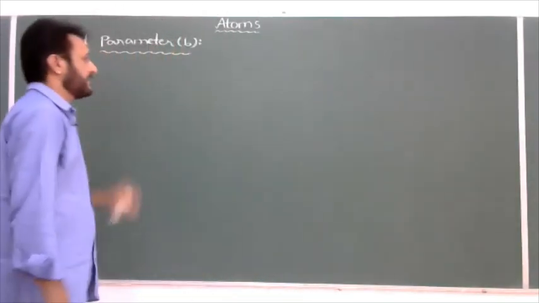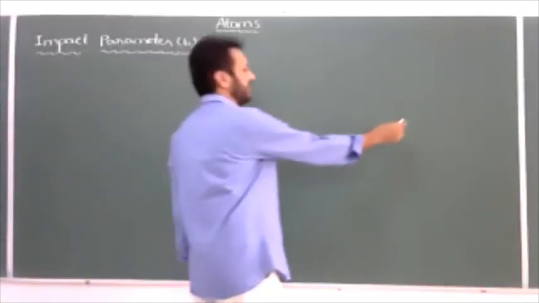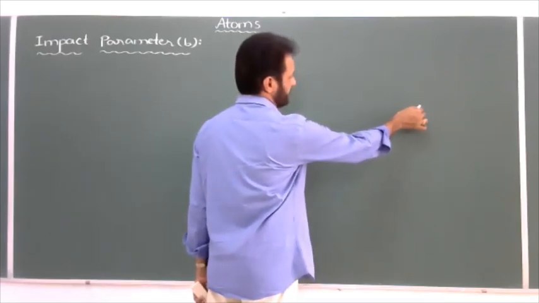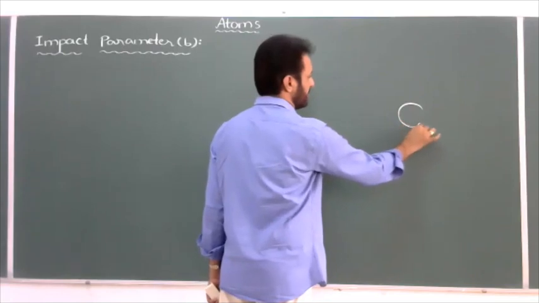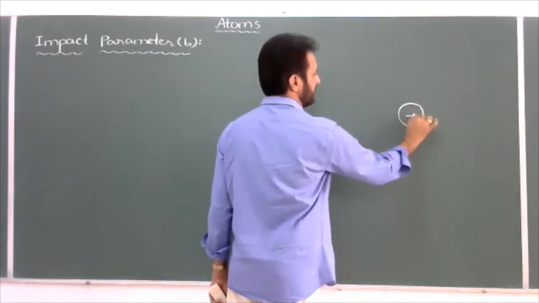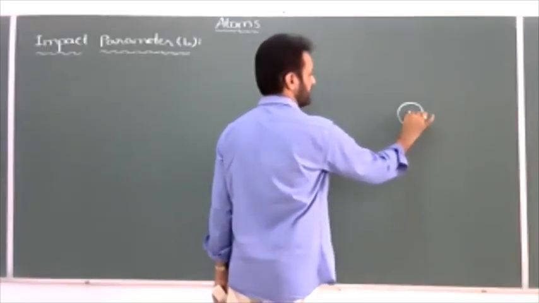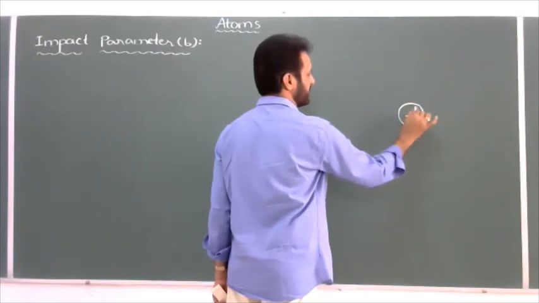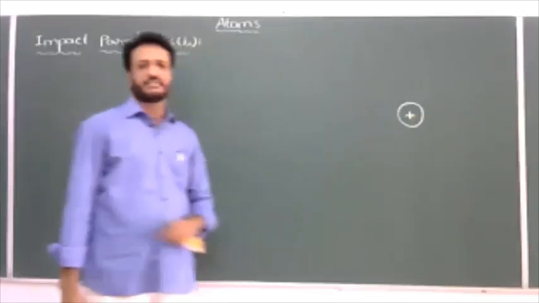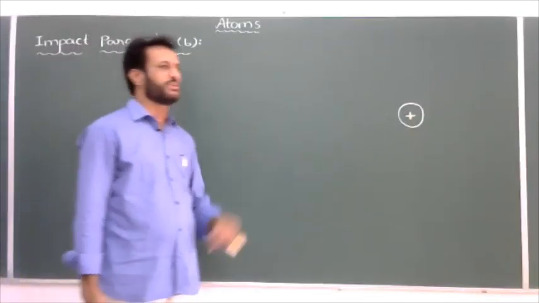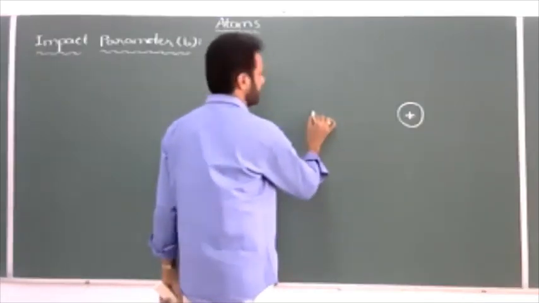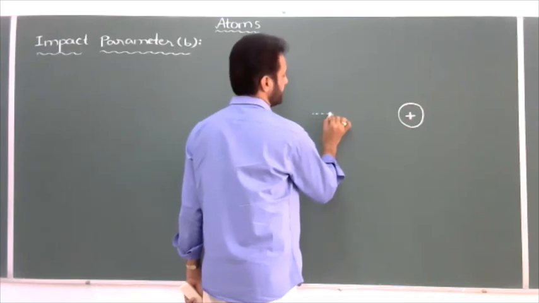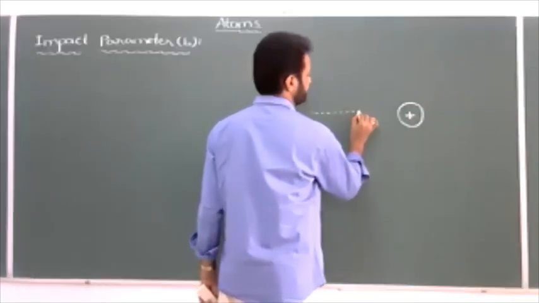So generally, impact parameter means I'll select an atom. So it is an atom I am choosing. The central part of the atom is called a nucleus. In a previous class we discussed the alpha particle experiment. I am drawing one straight line here which is passing through the center of the nucleus.